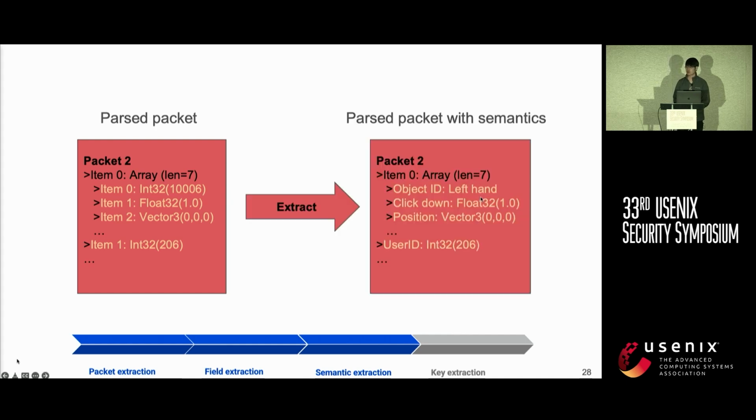So the next step is to extract the semantics and know exactly what each field means. To do this, we reverse engineer the game further and understand how the input data ends up in the packet. For example, item 2 here is just a vector, but what does it mean? Through this analysis, we can understand that it actually means the position of the left hand.